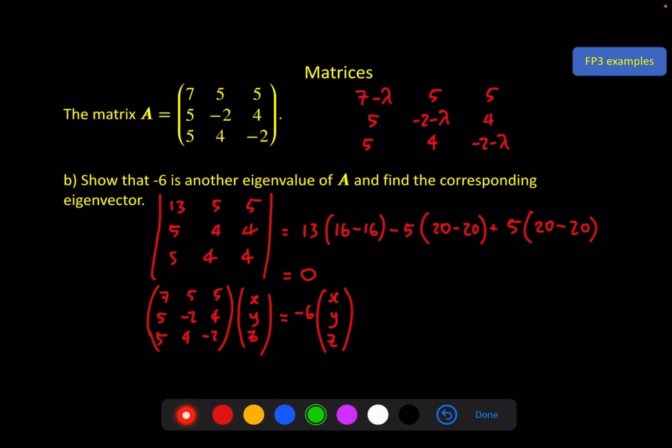Split into rows, so we're going to have 7x plus 5y plus 5z must equal minus 6 times x. 5x minus 2y plus 4z must equal minus 6 times y. And 5x plus 4y minus 2z is equal to minus 6z.